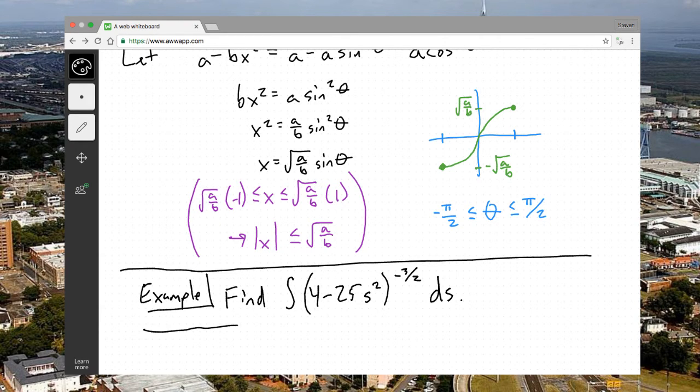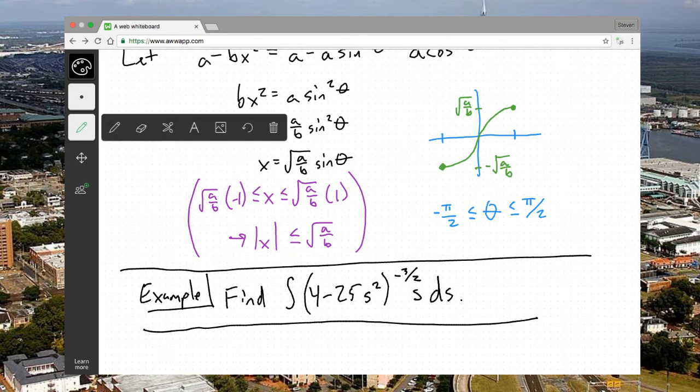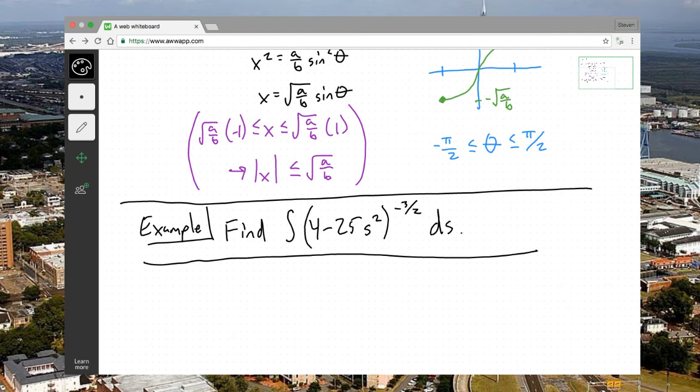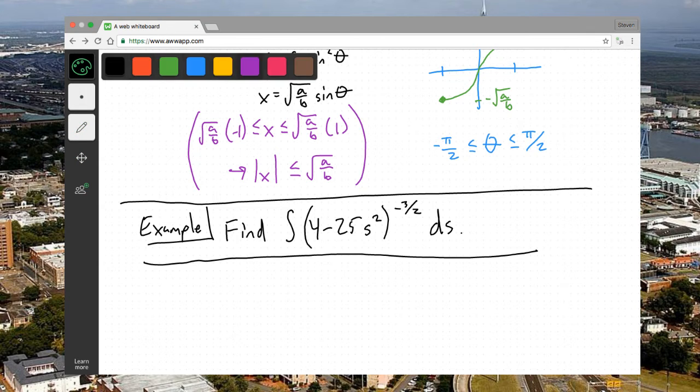Now, if there was another s sticking outside right there, then this problem would be easy. We could do a direct substitution, let u equal 4 minus 25s squared, and we'd be good to go. But unfortunately, we don't have that. We're going to have to use this trig substitution trick.